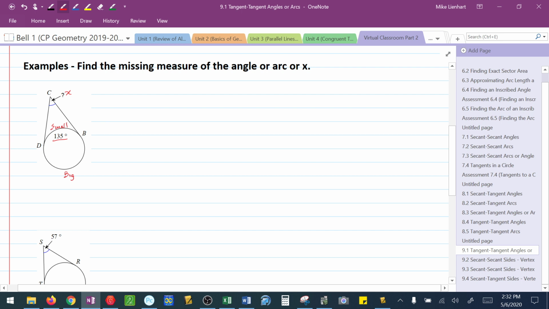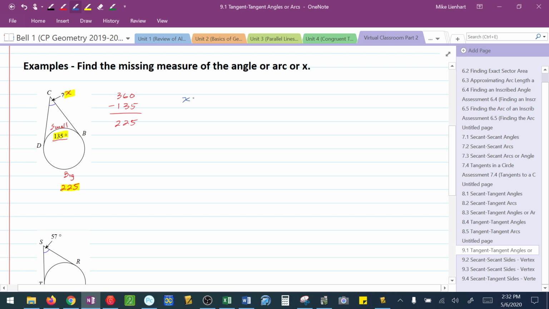Therefore, if we take 360 minus the small, that'll be 225, and that's going to be the measure of our big. We need the angle, the big arc, and the small arc to be able to find a missing arc or angle measurement.